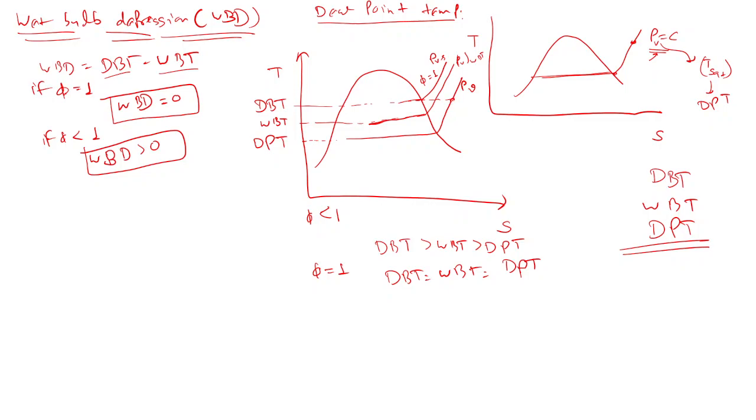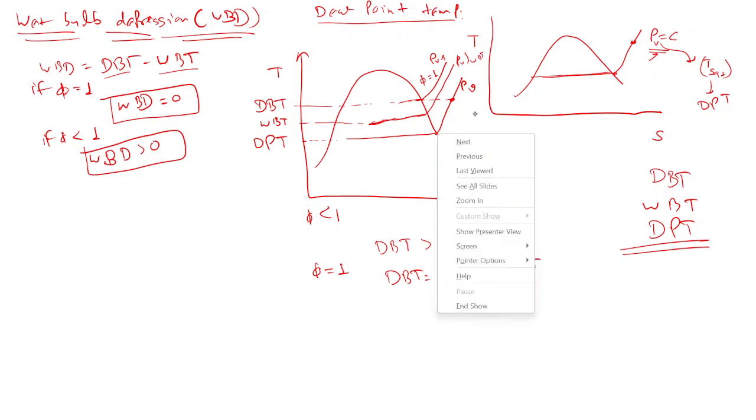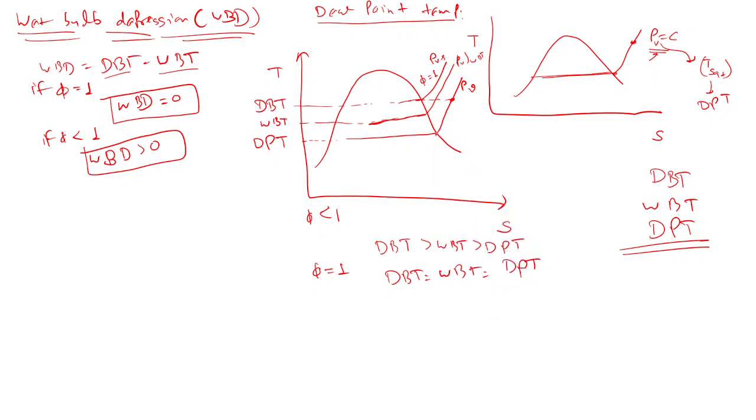For PV, you told that if you cool, this will become this, right? Then this temperature will become the dew point temperature. Now if we cool by the desert cooler mechanism, how will the WBT go? That is a complex process actually.